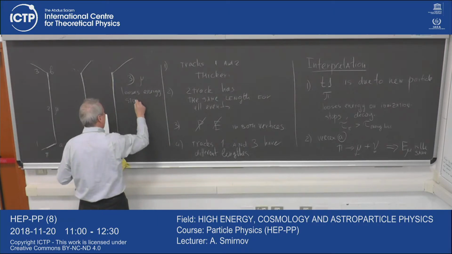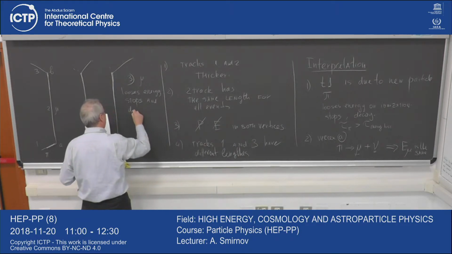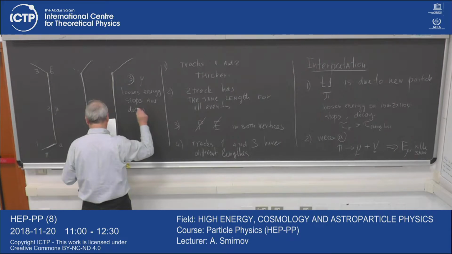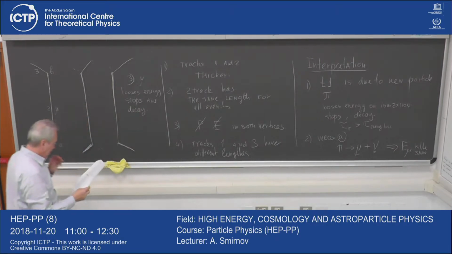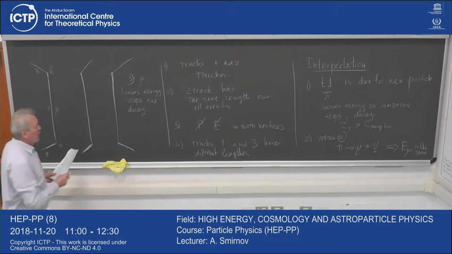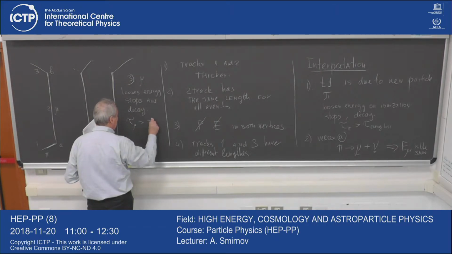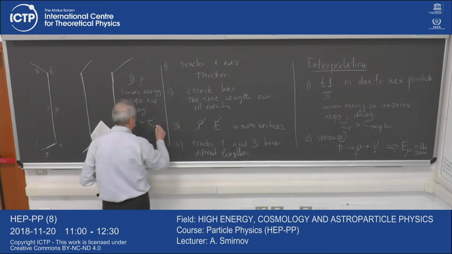Stops and decays. And again, to explain equal lengths of the tracks, we need to assume that the time of decay of the muon is bigger than the time of energy loss.